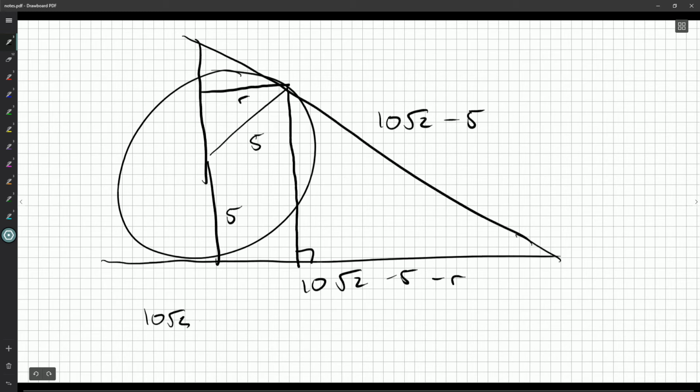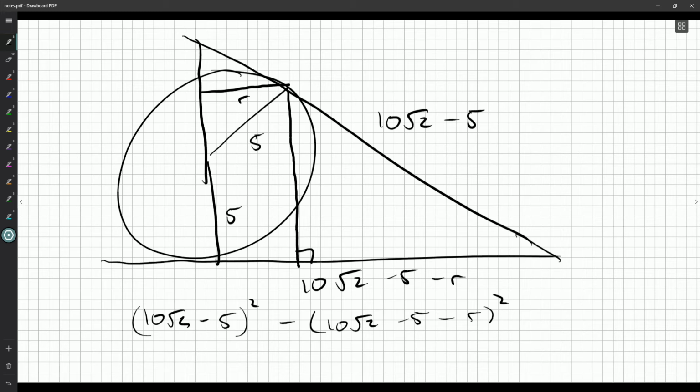So 10 root 2 minus 5 squared minus 10 root 2 minus 5 minus R squared. And we should be able to get the height there. I think I called it K earlier.